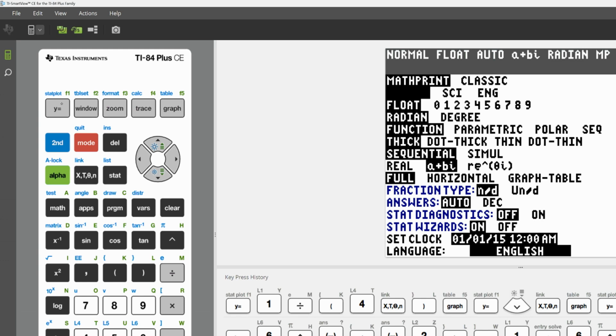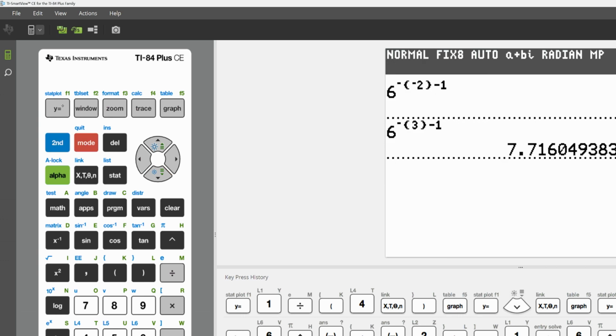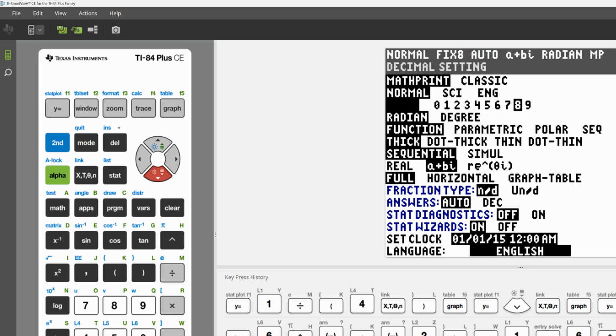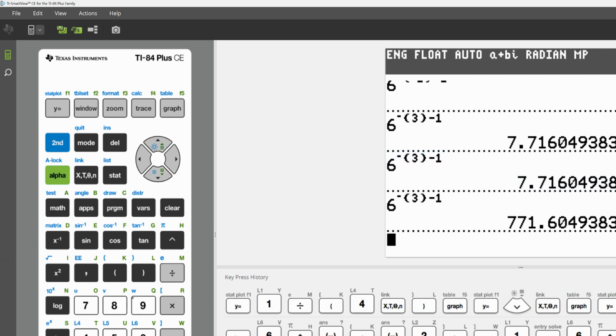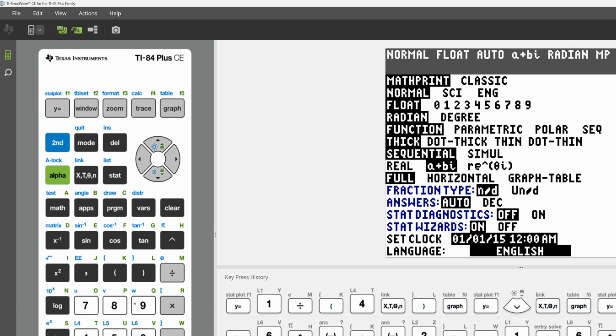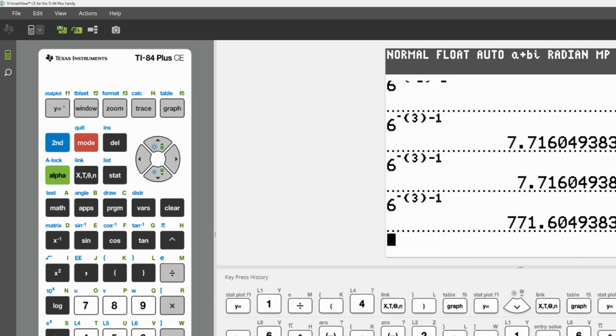It's based off of how we set the numbers up, how they want it represented.